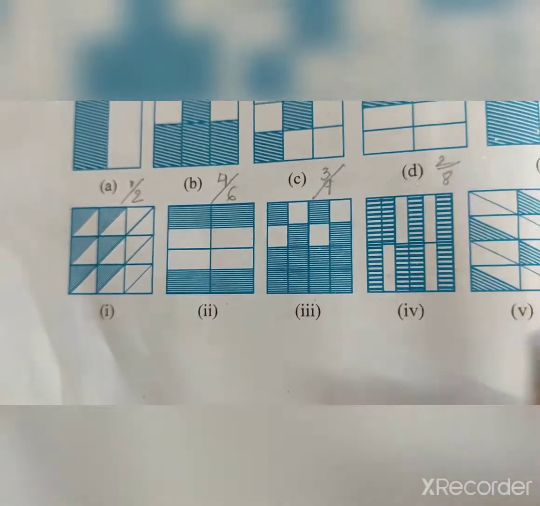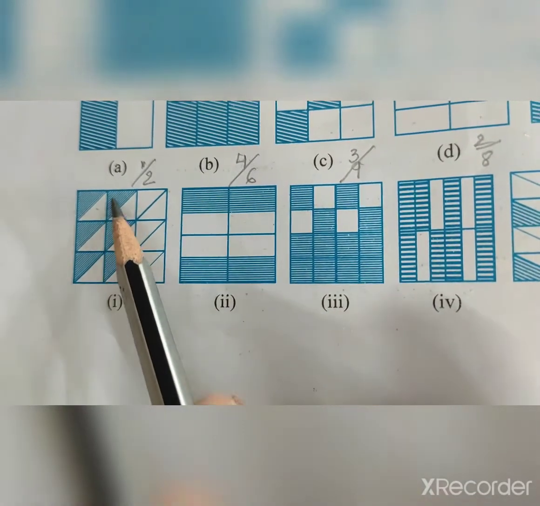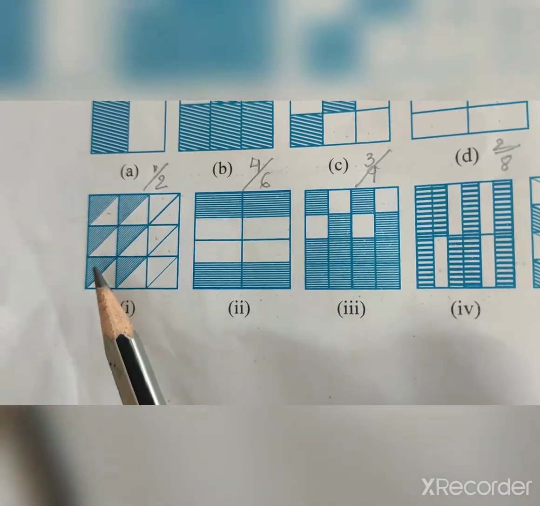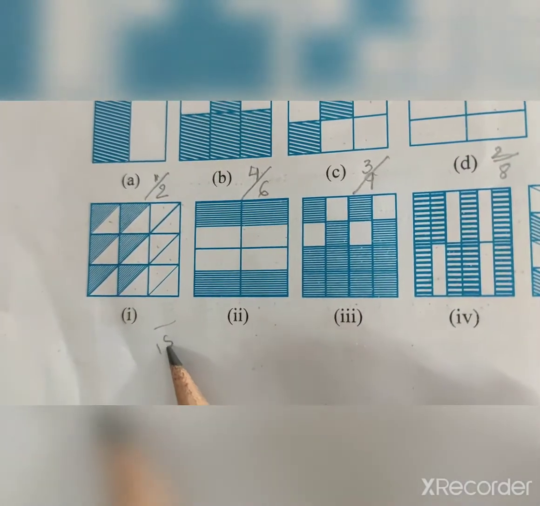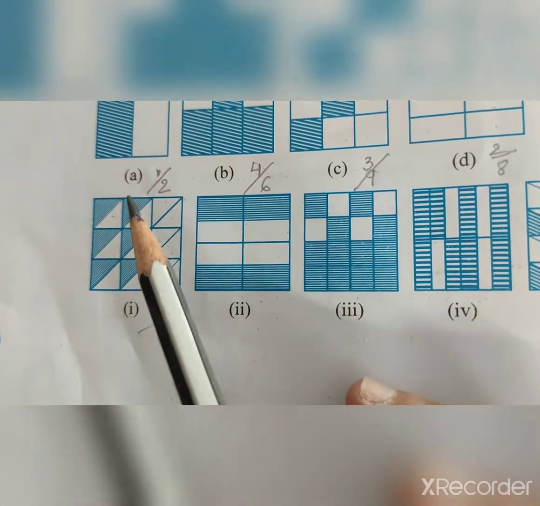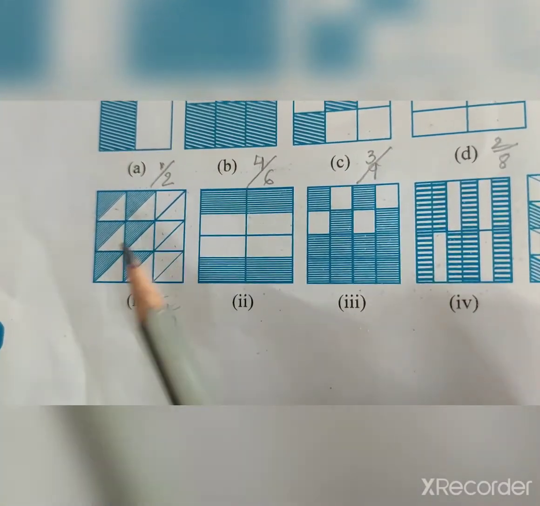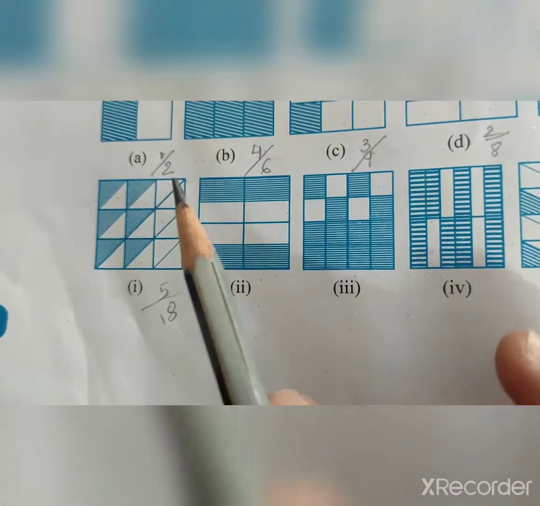Okay. Now see here, it is 18 in total. Out of 18, how many are shaded? 6. 9 2s are 18 because it is divided by half, that means in triangular shape.